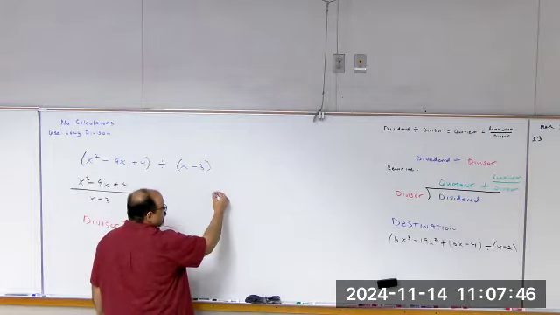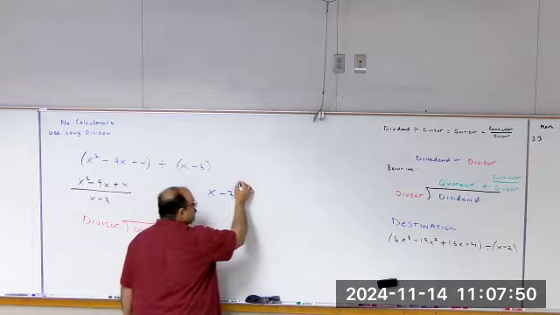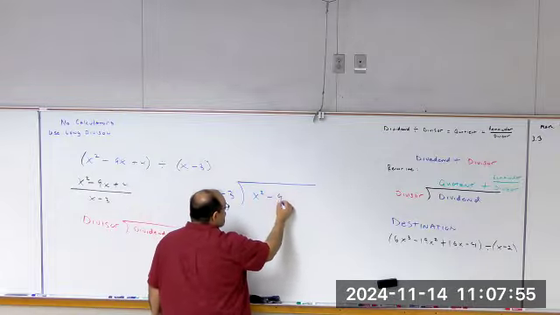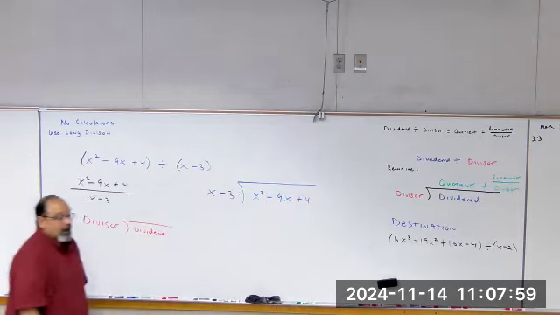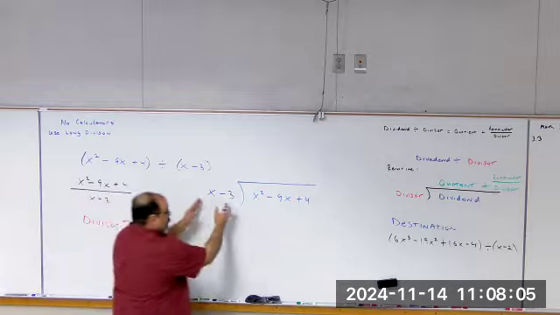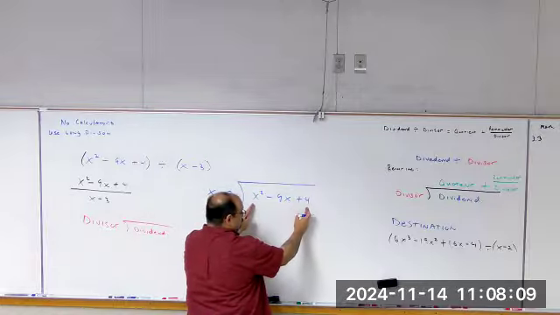So on the outside is x minus 3, and it's going to go into x squared minus 9x plus 4. I don't have to put the parentheses when I rewrite it, because now the whole thing on the outside, x minus 3, is going into this whole thing.